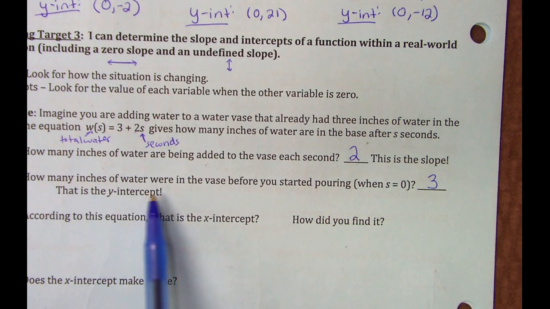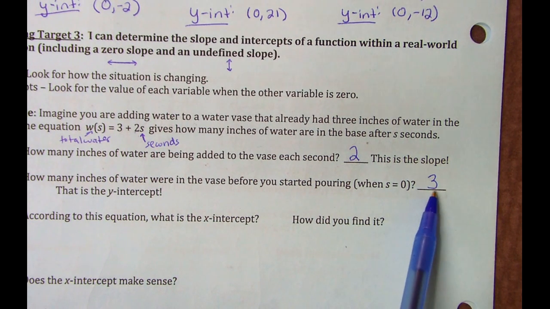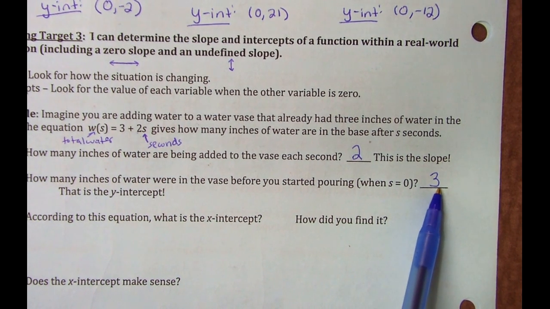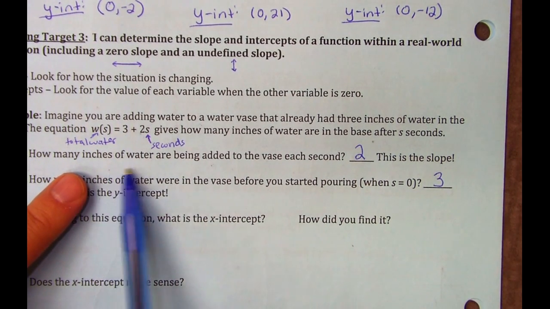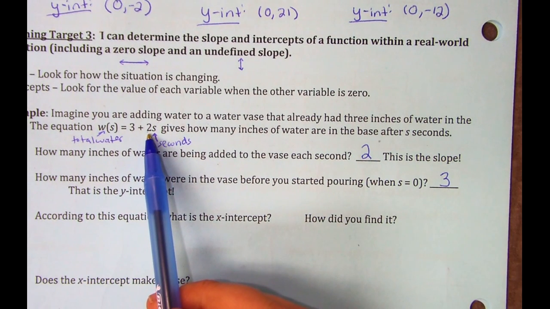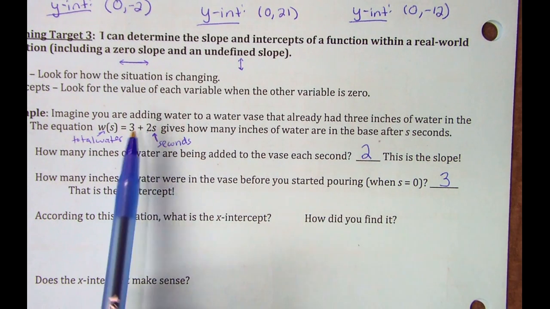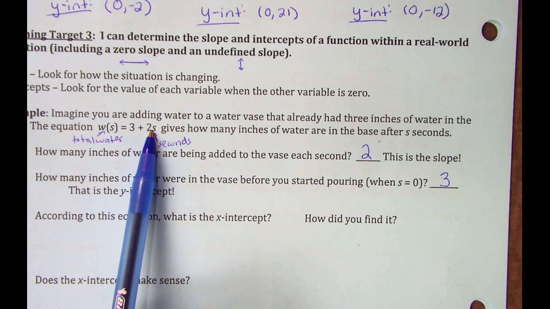So that means that 3 is the y-intercept. And how many inches of water are being added to the vase each second? That's 2. That's the slope. So it's like you're starting with 3 inches, and then from there you're adding 2 more inches each second.